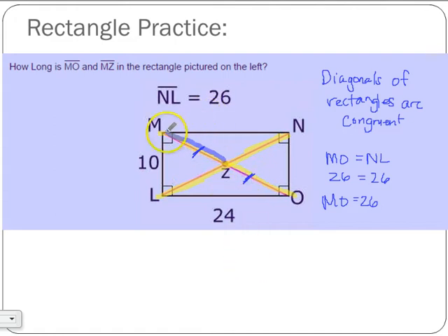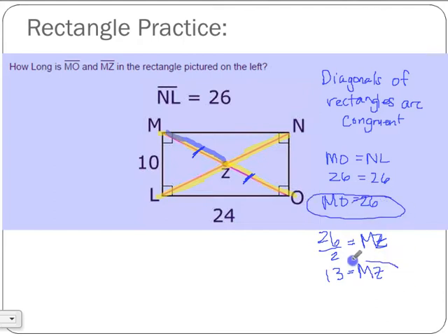If MO is 26, then half of 26 is going to give us the length of MZ. 26 divided by 2 is 13, so the length of MZ is 13. We were able to solve that by using the properties that we've learned about both parallelograms and rectangles.